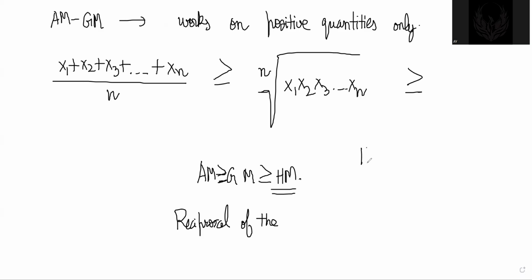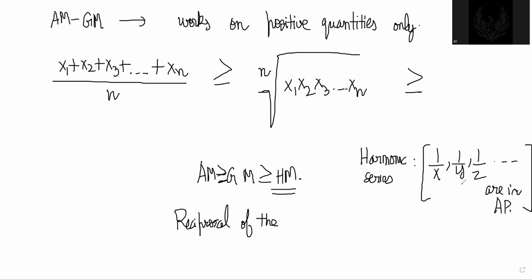So a harmonic series is basically a series where the reciprocals are in AP. If the reciprocal series is in AP, then we say x, y, z is in harmonic series.